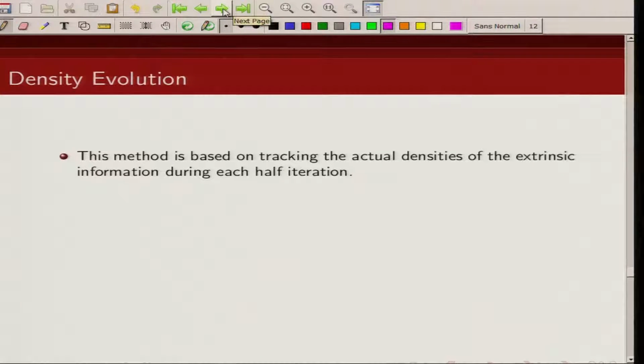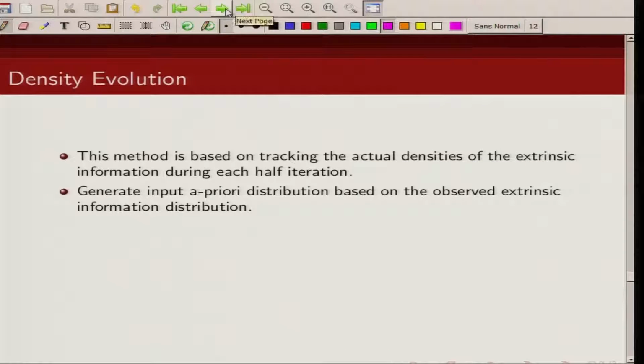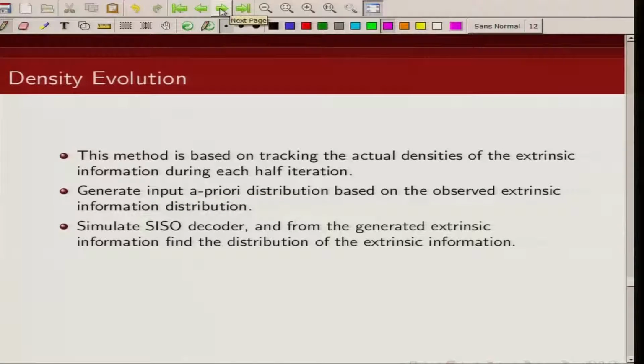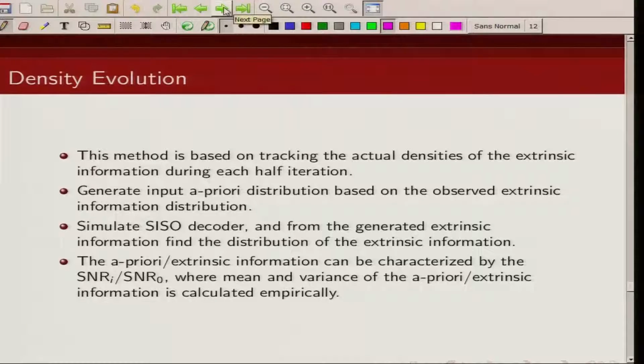Now, the method of Divsalar, they actually use the actual densities of the extrinsic information and they track it for finding out how it is growing with iteration. So, they generated some input a priori distribution based on observed extrinsic information, and then they simulate this soft input soft output decoder using this generated distribution of a priori information, and they find out the distribution of the extrinsic information.